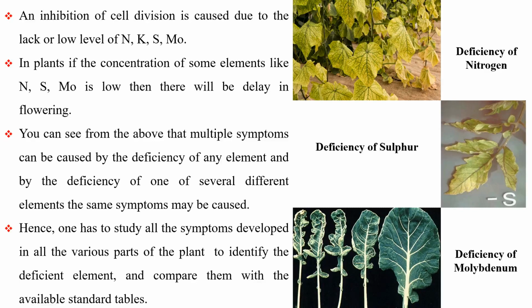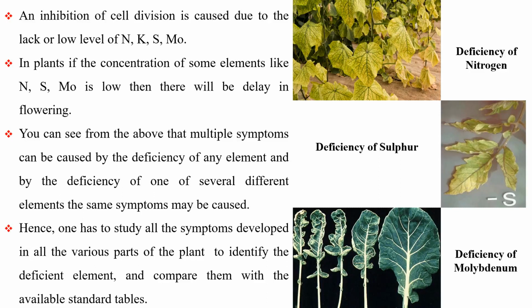An inhibition of cell division is caused due to the lack or low level of nitrogen, potassium, sulfur, and molybdenum. In plants, if the concentration of some elements like nitrogen, sulfur, and molybdenum is low, then there will be delay in flowering. You can see from the above that multiple symptoms can be caused by the deficiency of any element, and by the deficiency of one of several different elements the same symptoms may be caused.